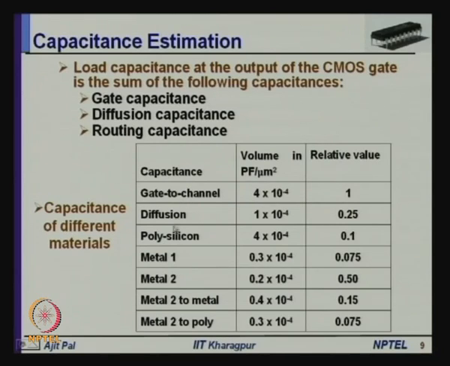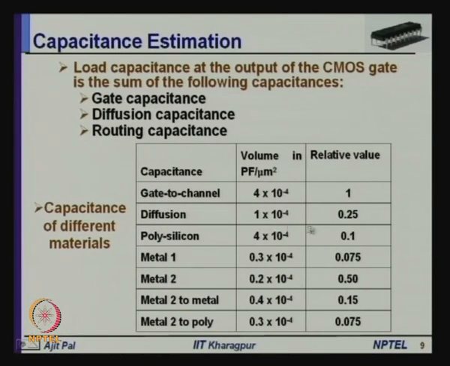So, you can see the capacitances for different materials shown here. Gate to channel, that will actually characterize the gate capacitance, 4 into 10 to the power minus 4 picofarad per micron square, and considering this as the standard, everything is normalized with respect to this.